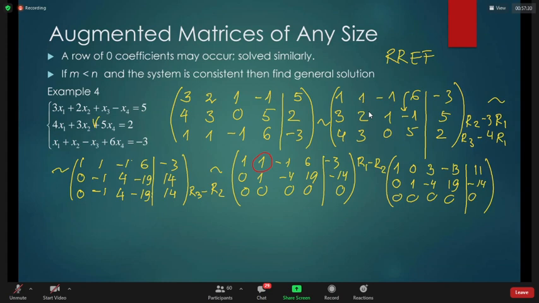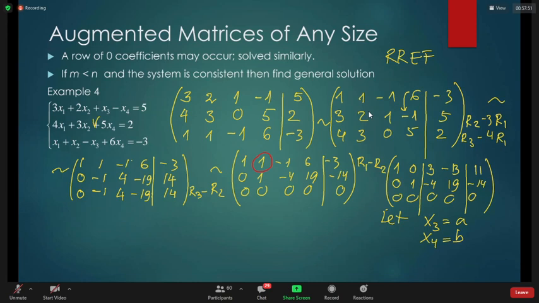And in this case, what we actually will do, we will choose 2 new variables. We will say let x3 be equal to some a, and let x4 be equal to some b. Again, random constants.